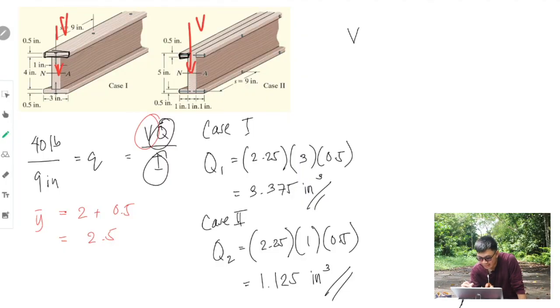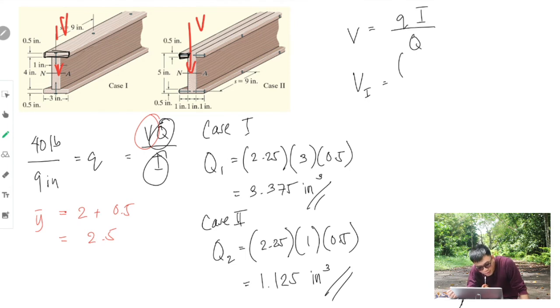And now, let's solve for V at sa atong duha cases. Okay? So, V is equal to Q times I over capital Q. Sakto? Okay, so una ta sa V case 1. Pila ang atong Q sa case 1?